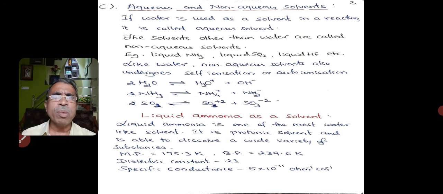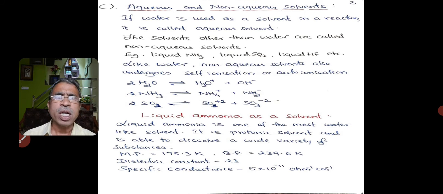Similarly, two ammonia molecules undergo ionization to form the ammonium ion and the amide ion. Sulfur dioxide undergoes ionization to form the sulfite ion and the SO2+ ion. It is called the sulfoxide ion.